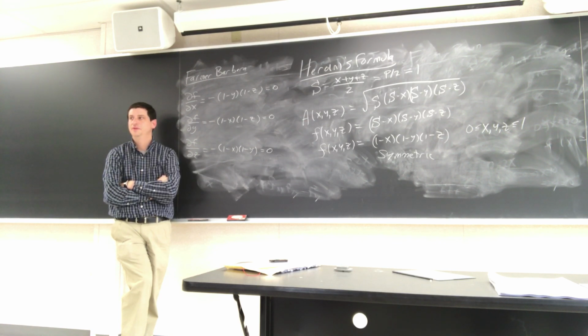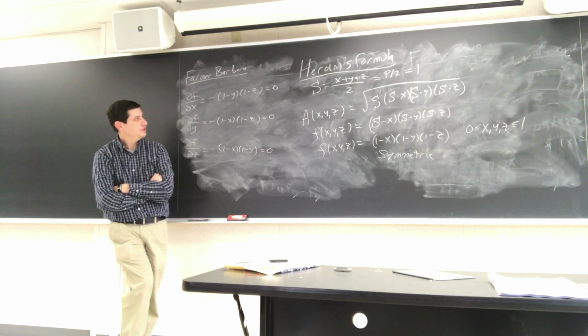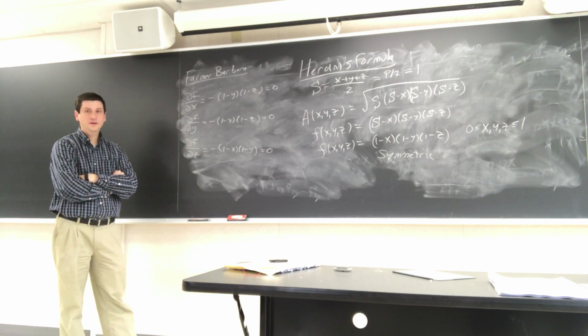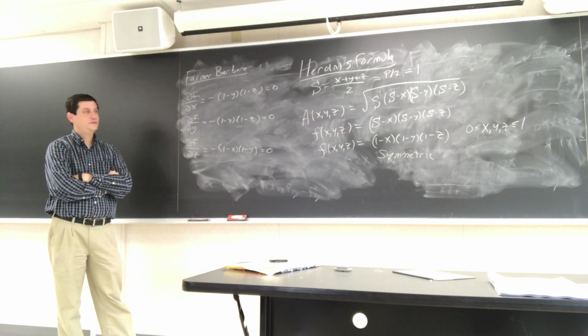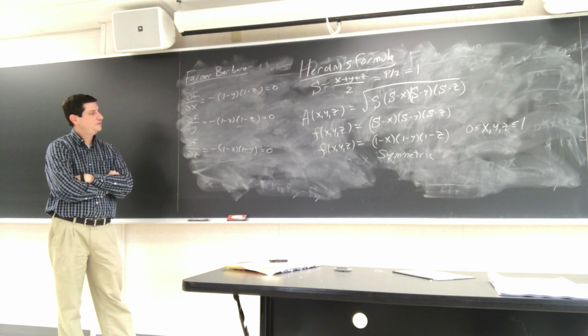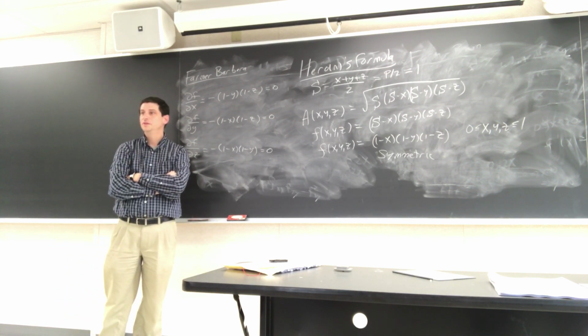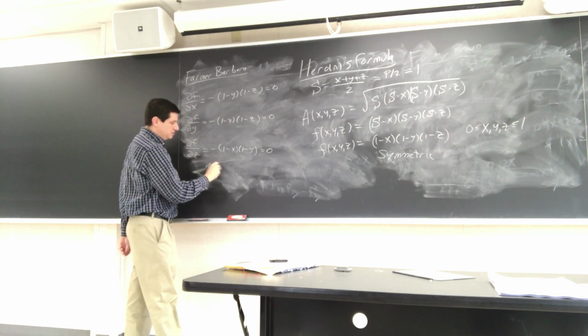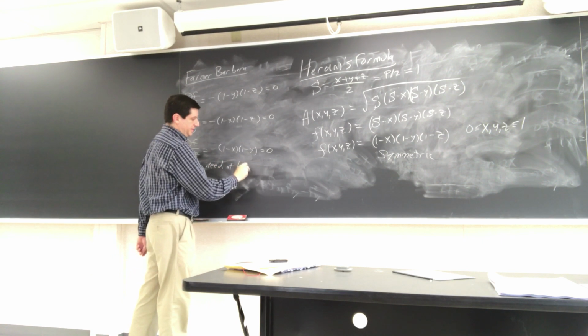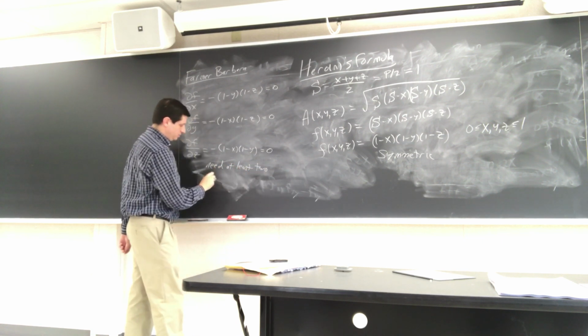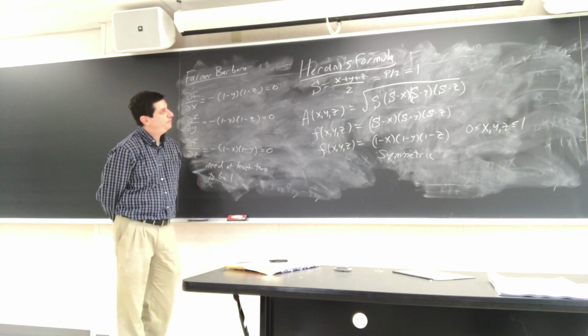What's the only way that could happen? If x, y, or z is less than 0, or no, greater than 1. At least two of them would have to be 1. So we need at least 2 to be 1.